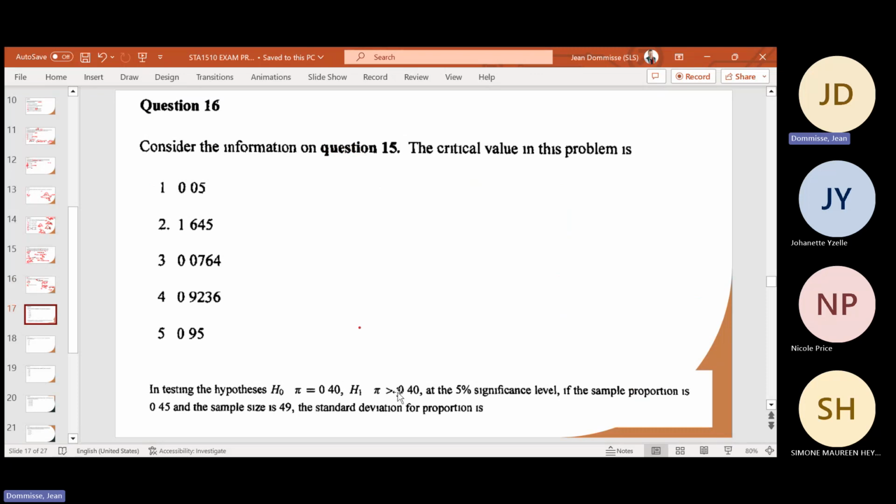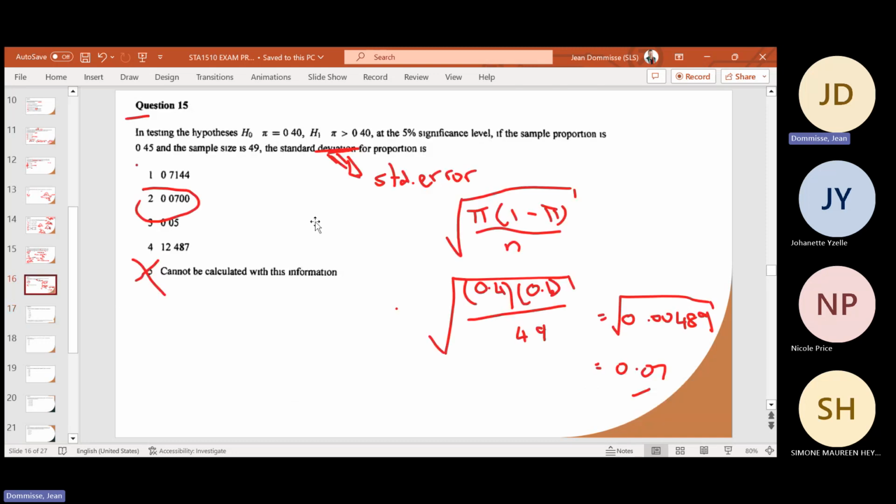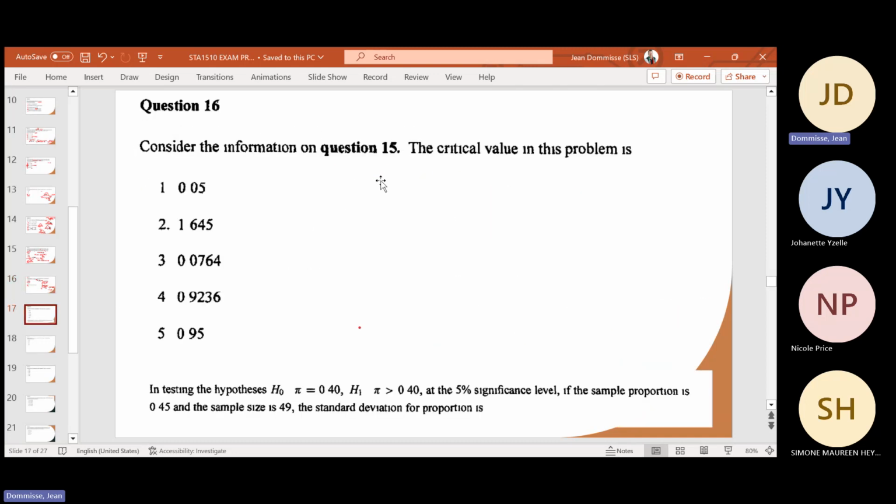They can't ask you to do something in question 15 and then not give you the information in question 16.